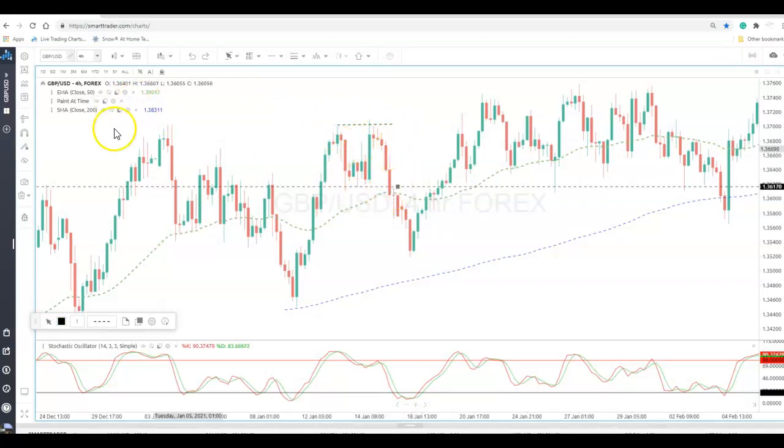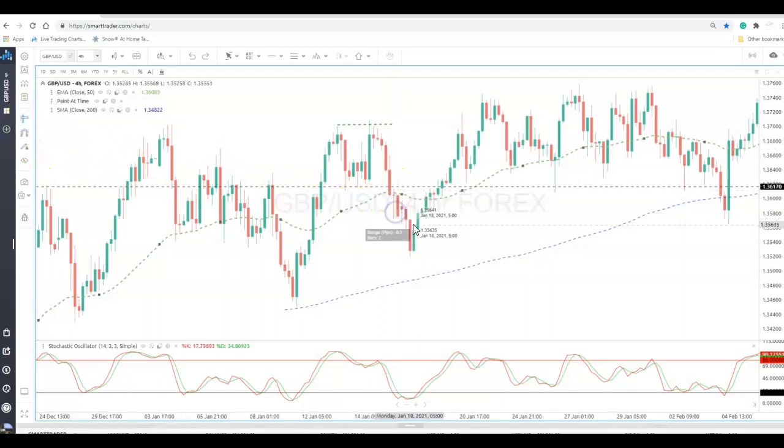Once this candle closes, count the number of pips from the swing low to the swing high. That's about 89 pips. That's our projected target. As soon as this candle closes below, we take our trade, we short, and we target 87 pips.